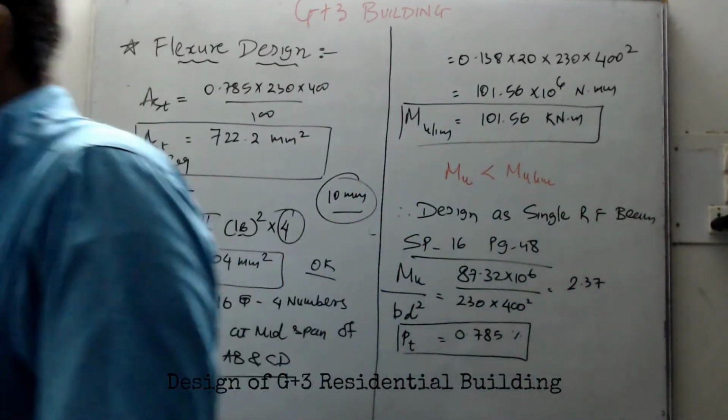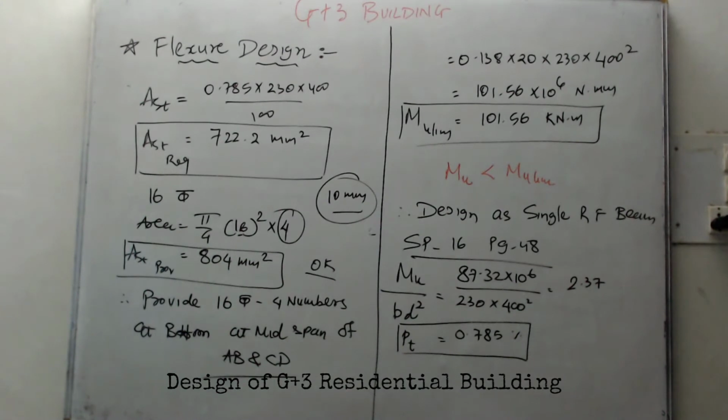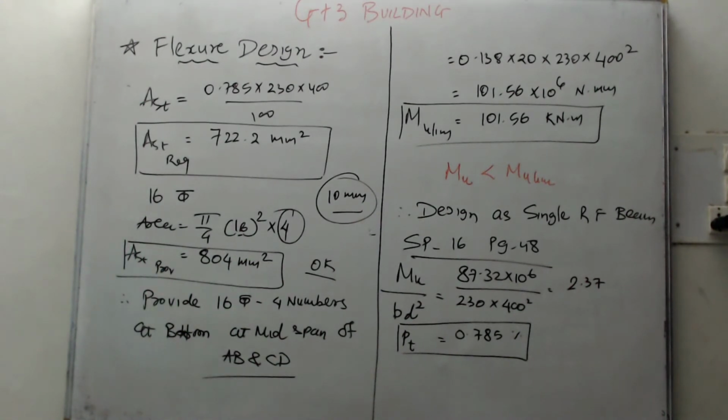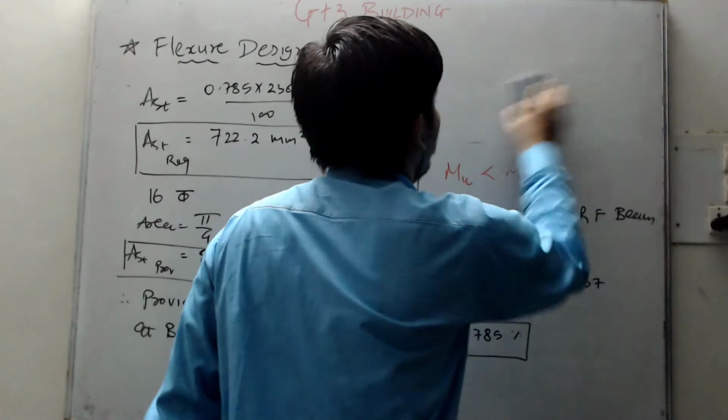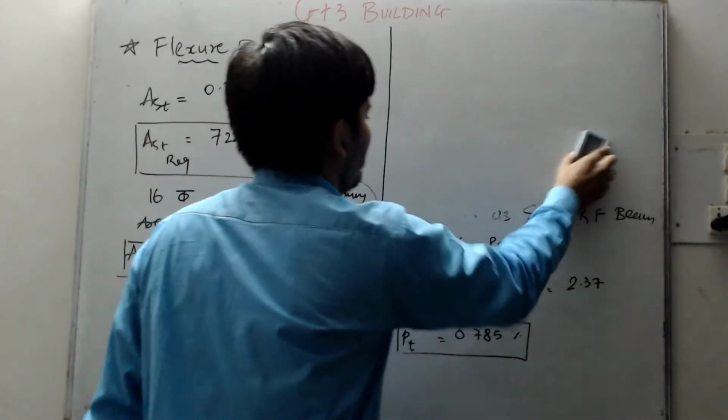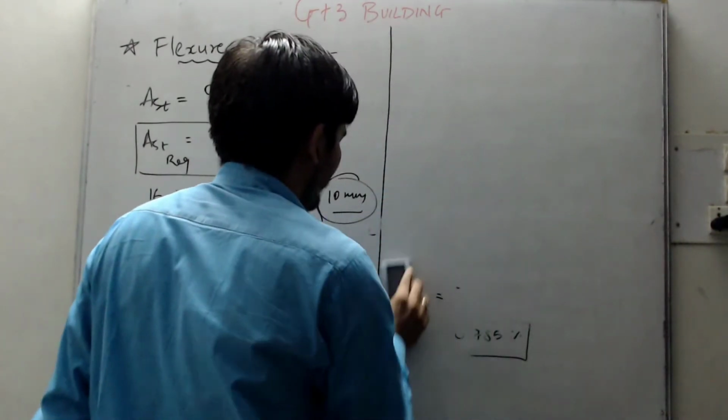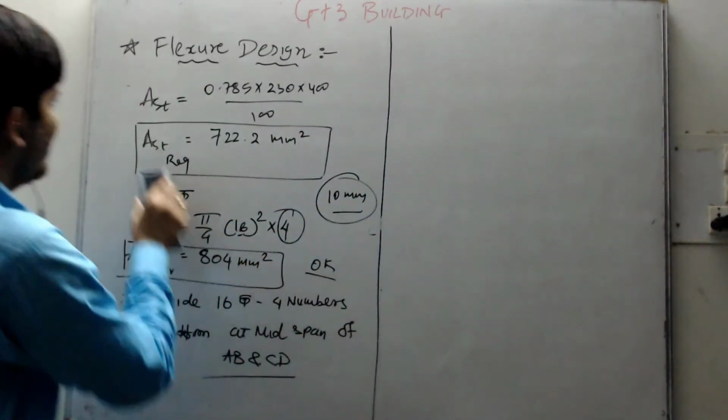So this is for span AB and CD at the mid span. Next we are going to find out at mid span of BC. So let us calculate that. The procedure will remain same, right? Only the values will be different, right? At mid span of BC.